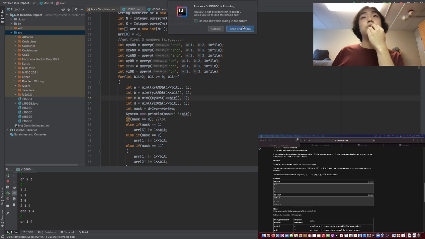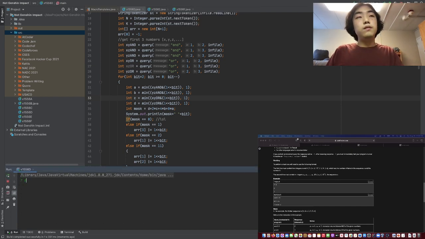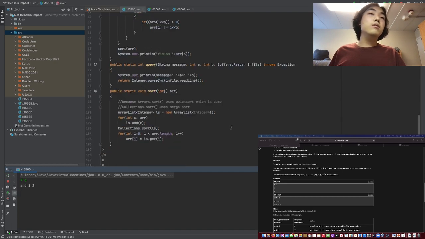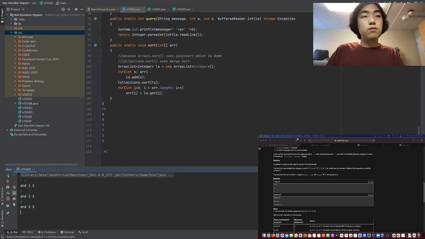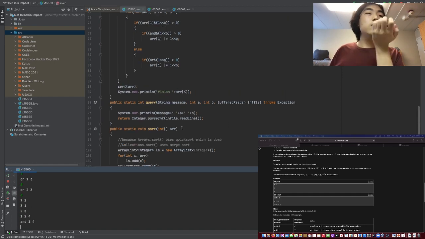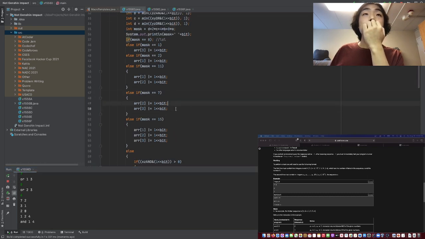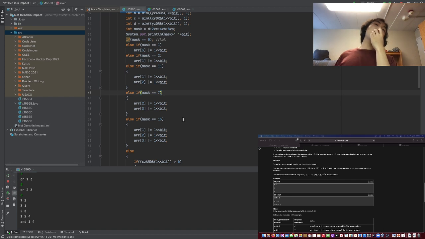I'll include it. Screw it. Yeah, it's like 7, 7, 4. Yeah, 7, 6. It should be, what is it? 0, 0, 4, 7, 5, 6. 1, 2. It's still 1, 2, 4. Even though the mask is equal to 7, or equal to 1 left shift of the bit. Yeah. Wait. Why is that happening?